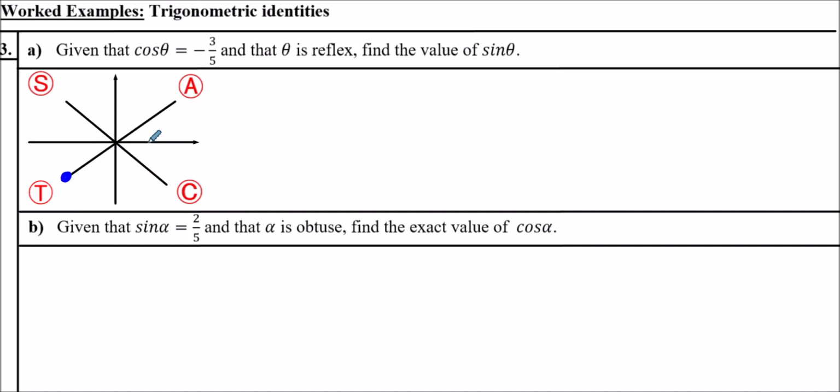So measuring theta anti-clockwise from the positive x-axis, that's 90, 180, more than 180, it's reflex. So theta is this angle here. We now need to remind ourselves of the identity that cos squared plus sin squared equals 1.